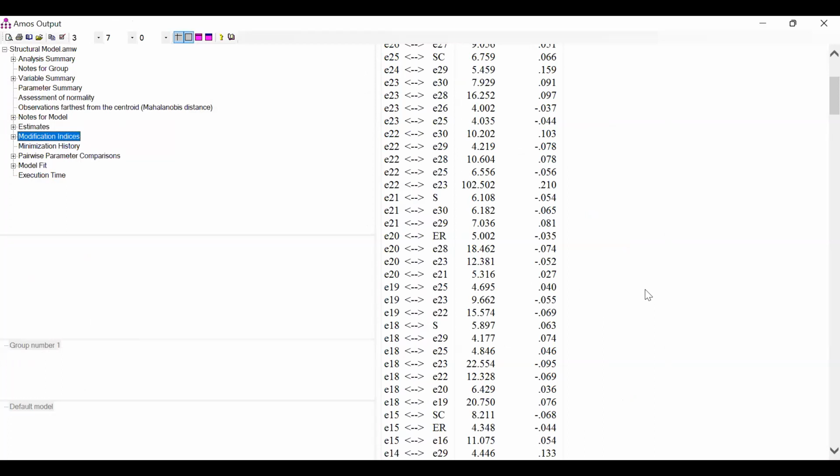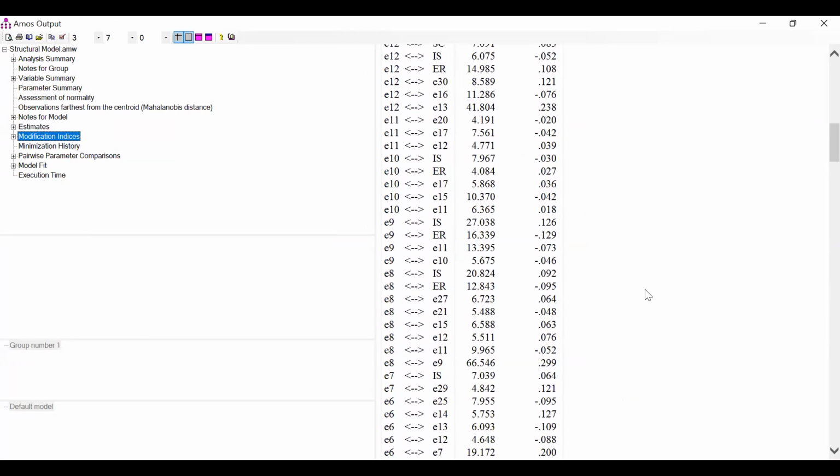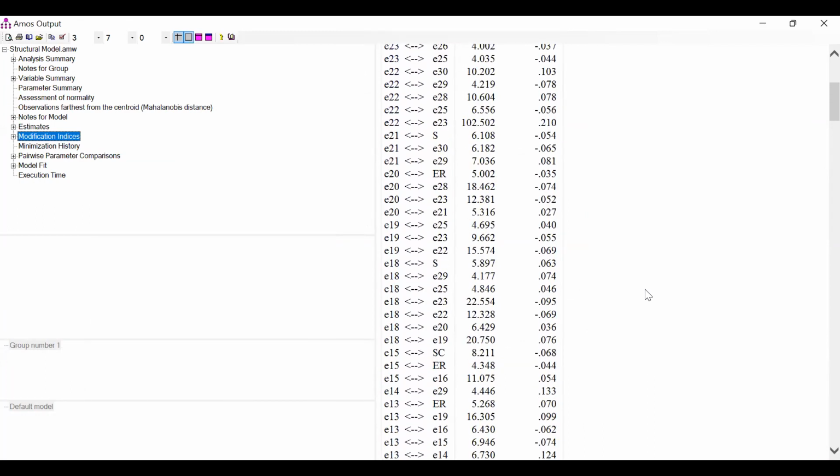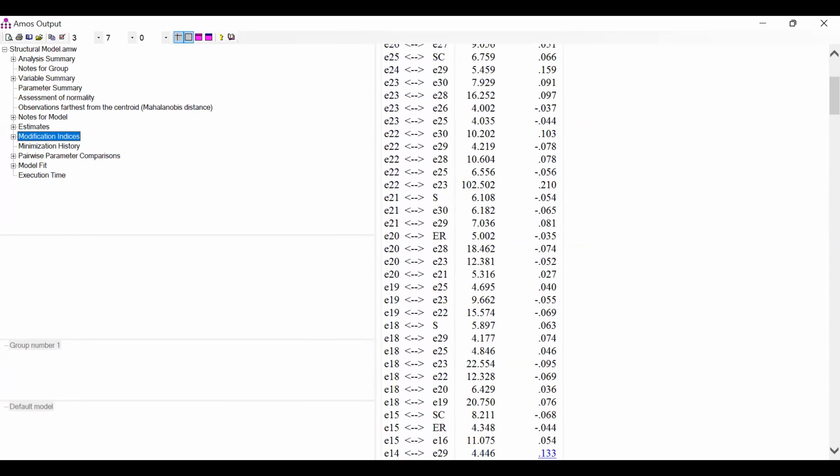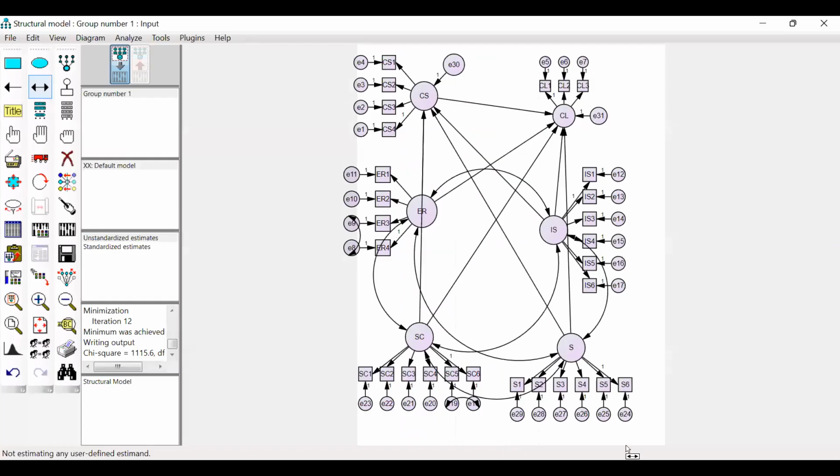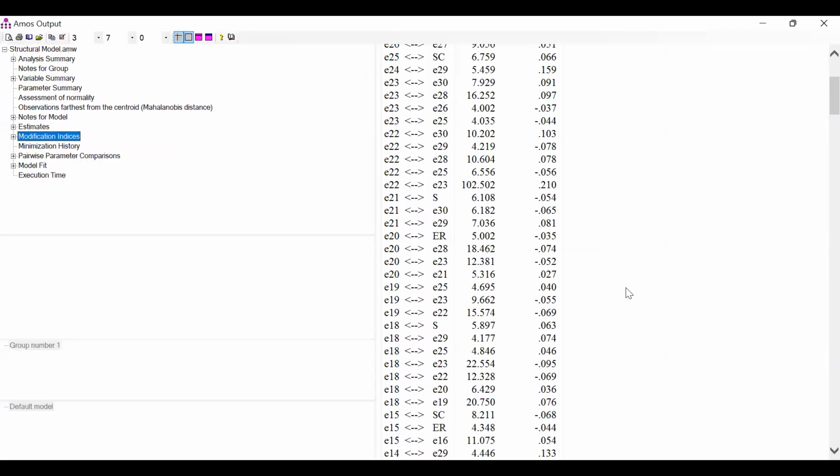Then E18 and E23, and E22, 23. These are the high values in the modification indices, which should be correlated with each other.